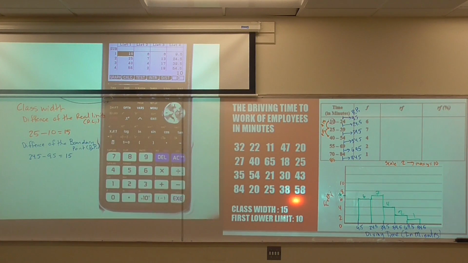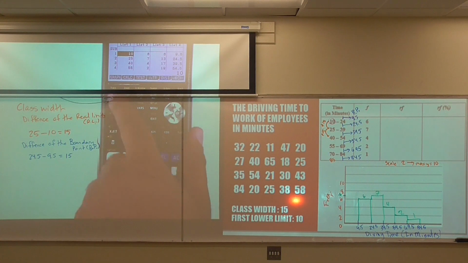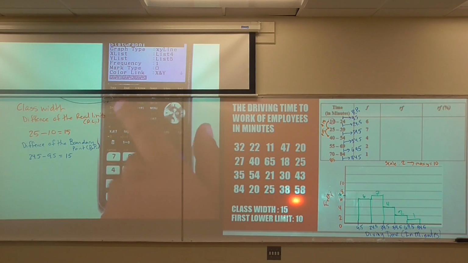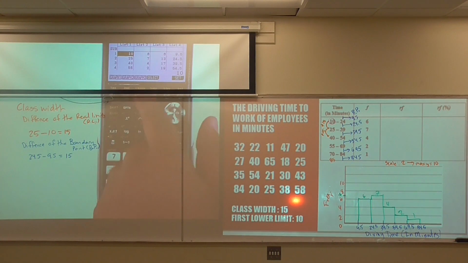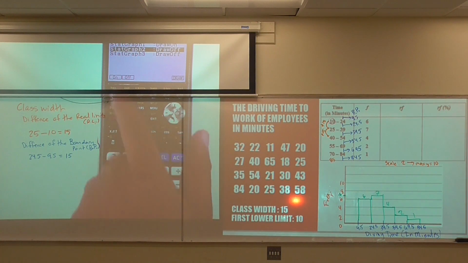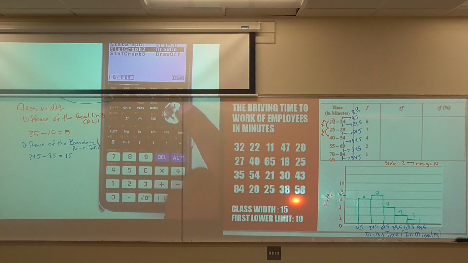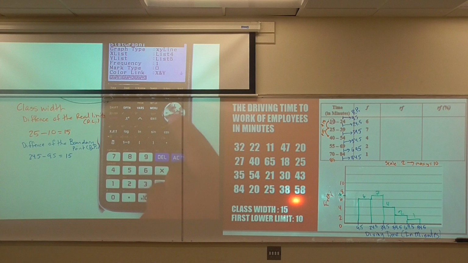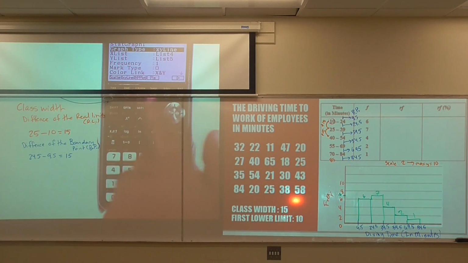So what we do here is I'm going to go to my graph and set graph 2. I forgot to turn it on, so let me quit it real quick. Graph, set, I want it on, so I'm going to turn it on. And then once again, I can go back with exit and go to set. This is graph 2, this is graph 1.